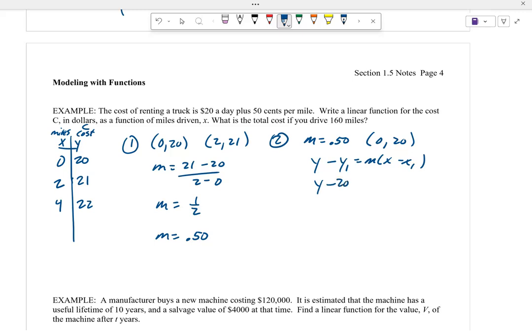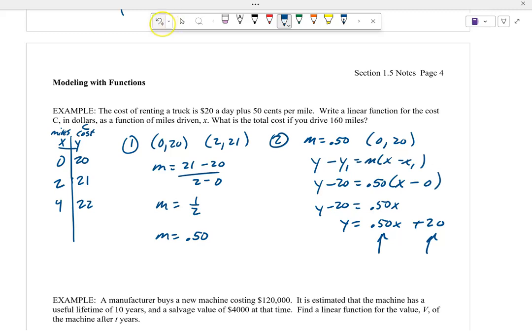y minus y1 equals m times x minus x1. Well, x minus 0 is just x. So let me add 20 to both sides. So it's 50 cent per mile charge plus $20, regardless of how many miles you drive, right?